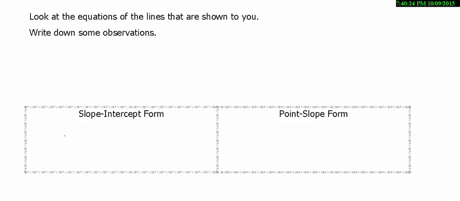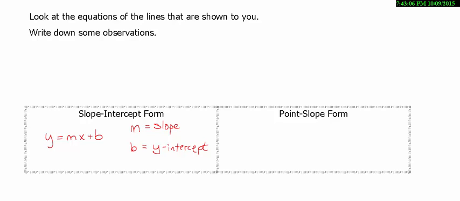Let's fill in the side of the box that says slope-intercept form first. The slope-intercept form of any linear equation is going to look like y equals mx plus b, and m, we hopefully know by now, is the slope, and b is going to be the y-intercept, where the line crosses the y-axis, and the x and the y values, those are going to be left as variables, and we would use those if we were trying to make a table of values like we did in the beginning of this note.